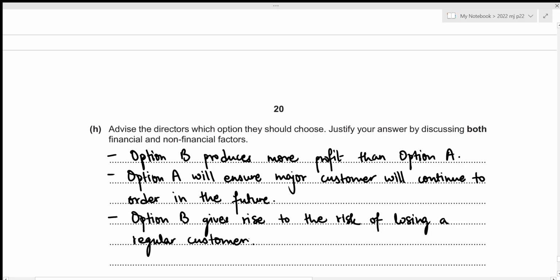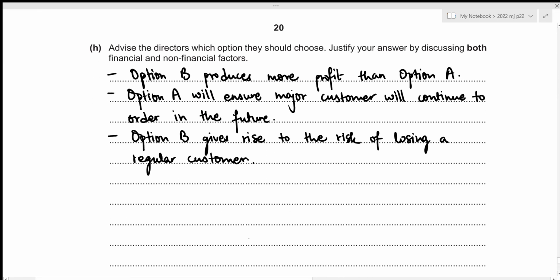All right. Then we also know that for option A, we are completely neglecting product Z. We are not producing it anymore, right? So we do not know how customers will react for product Z. Let's write it down.